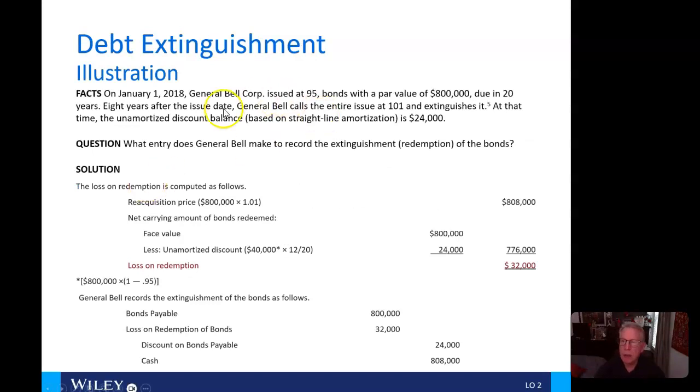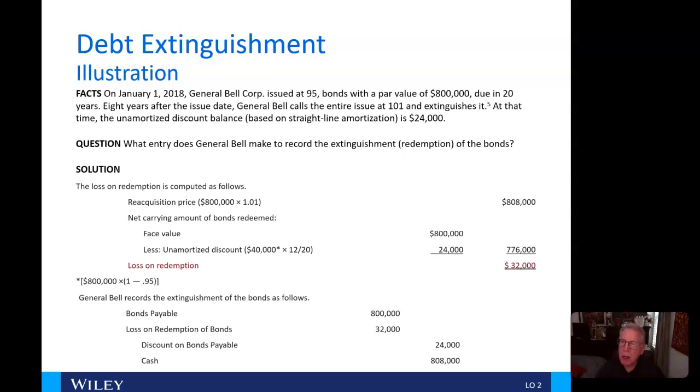Here is an illustration. On January 1, 2018, General Bell Corporation issued at 95 bonds with a par value of $800,000 due in 20 years. 8 years after the issue date, General Bell calls the entire issue at 101 and extinguishes it.